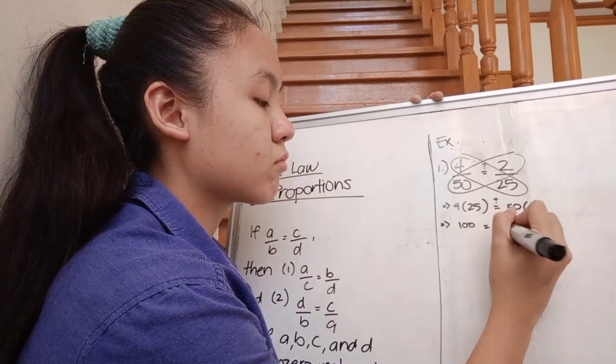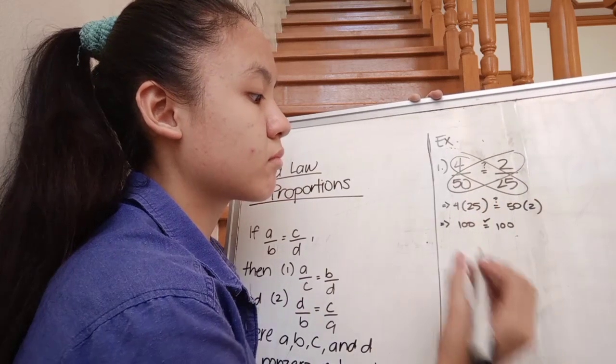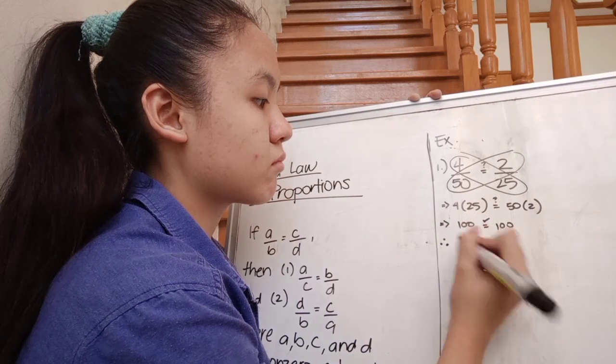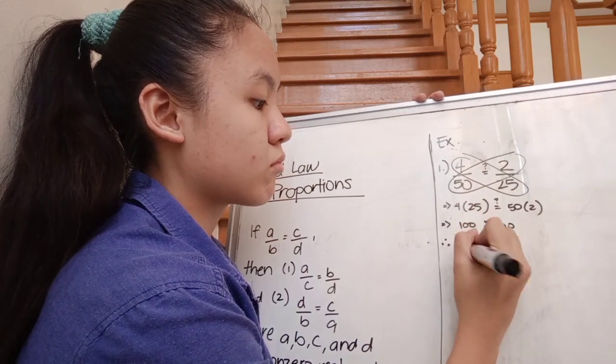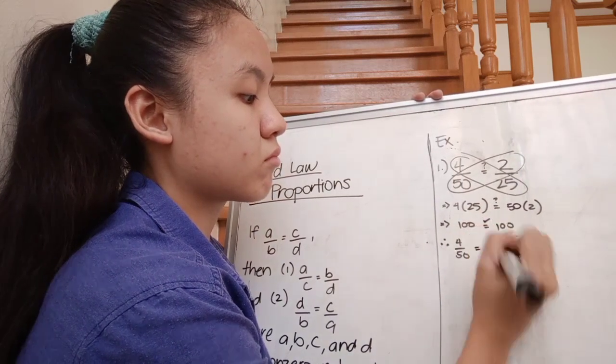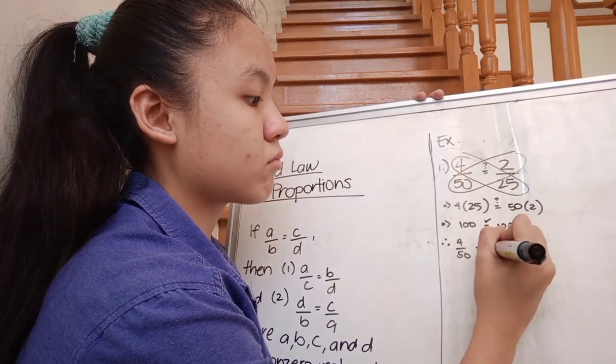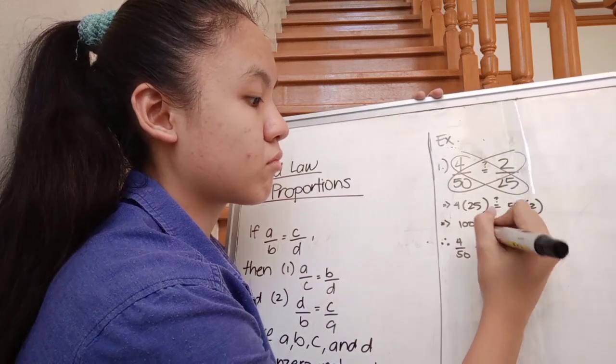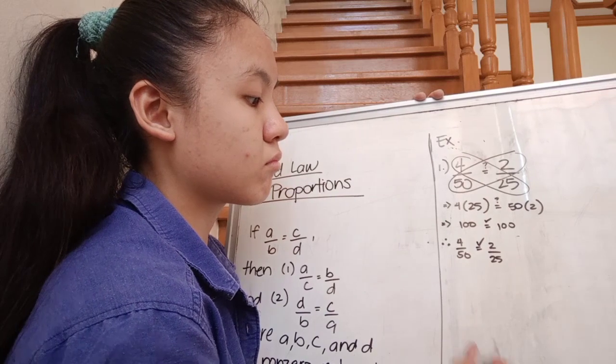So 4 times 25 is equal to 100, while 50 times 2 is also equal to 100. In conclusion, 4 over 50 is equal or proportional to 2 over 25.